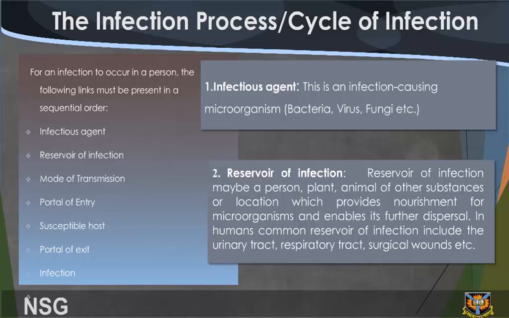This is an infection-causing microorganism: bacteria, virus, fungi, etc. 2. Reservoir of infection. A reservoir may be a person, plant, animal, or other substance or location which provides nourishment for microorganisms and enables its further dispersal. In humans, common reservoirs include the urinary tract, respiratory tract, surgical wounds, etc.